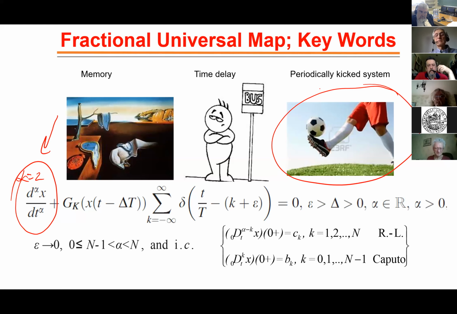In this way, the fractional universal map was introduced, and then the fractional standard map, where the particular form was G equals sine of x.